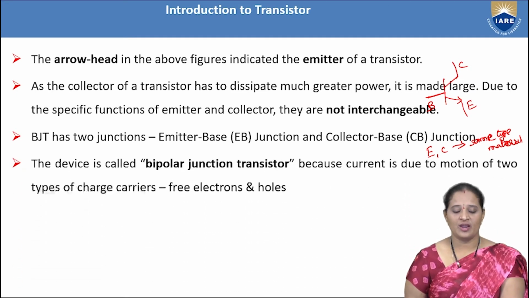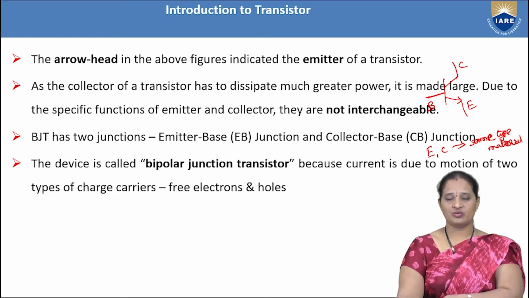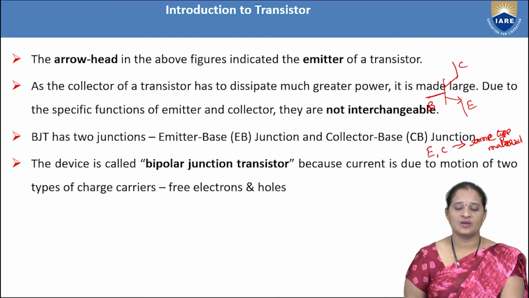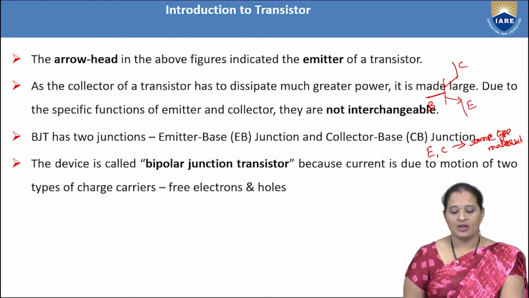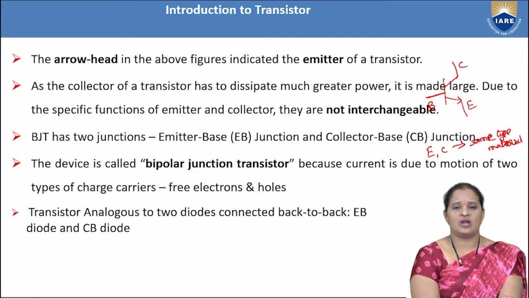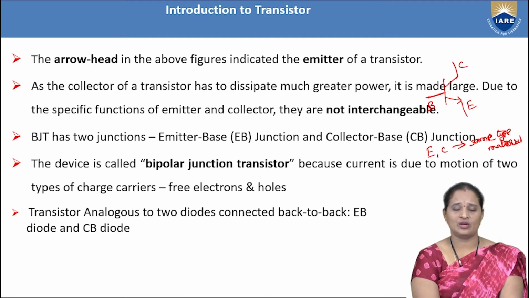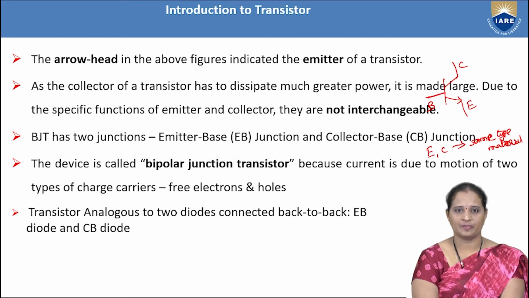So as I told you, in a bipolar junction transistor we have two junctions. One is the emitter to base junction and the other is the collector to base junction. And I said that the transistor is also called a bipolar junction transistor, in short BJT. Why are we calling it a bipolar junction transistor?